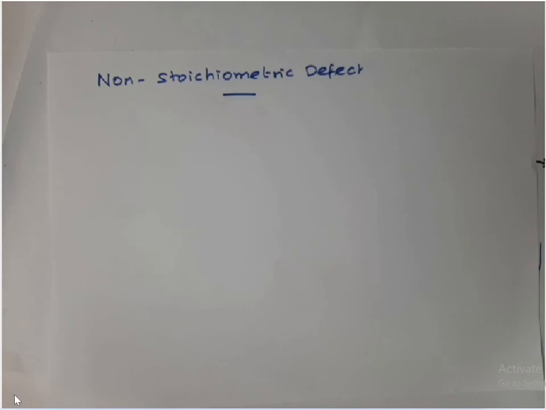Students, what is the meaning of non-stoichiometric? Chemical formula changes. Non-stoichiometric means the formula changes, that's all. Because of the defect, if the formula of the crystal changes, you will get a non-stoichiometric crystal.